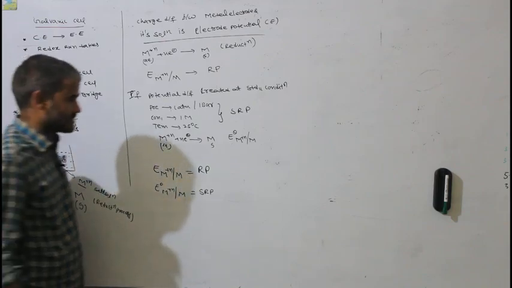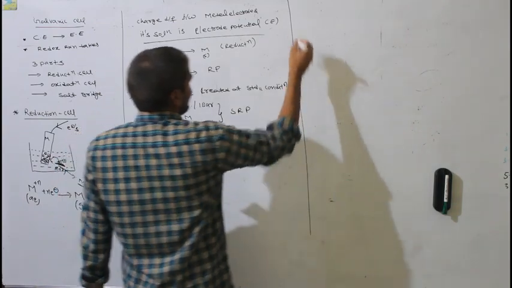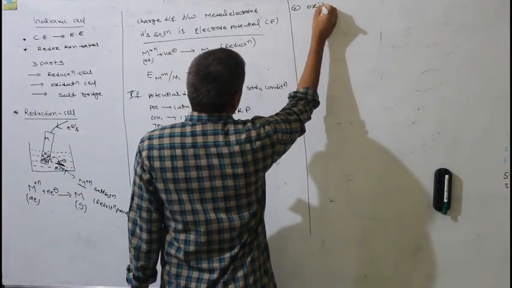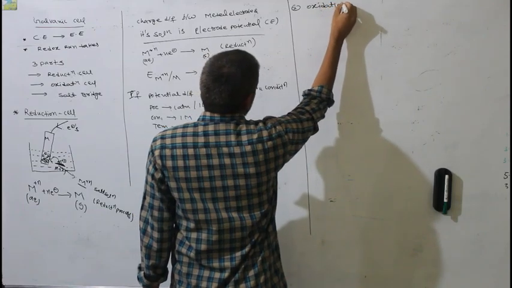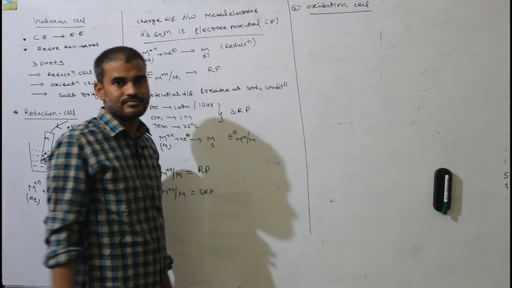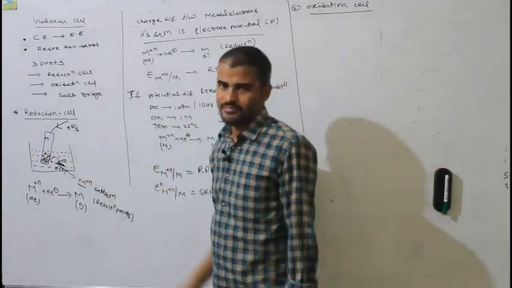This is the first half. The second part is the oxidation cell. Even in the oxidation cell, it is the same way.